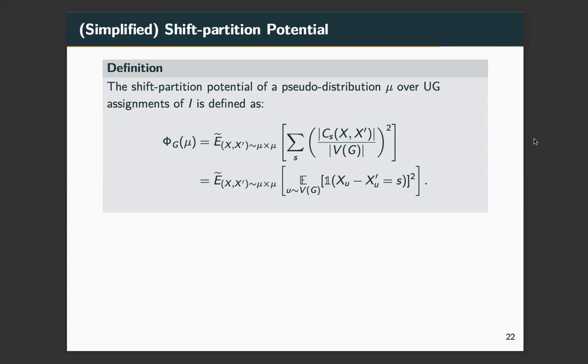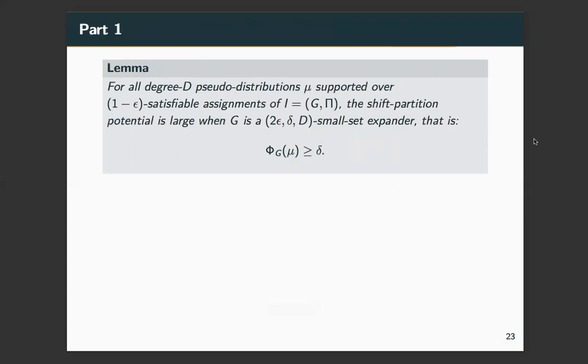And in fact, using a similar proof to what we just did, we can show that this shift potential is large when we are on a certifiable small set expander, and mu is a degree D pseudo distribution. So we have that this potential of G on mu is at least delta.